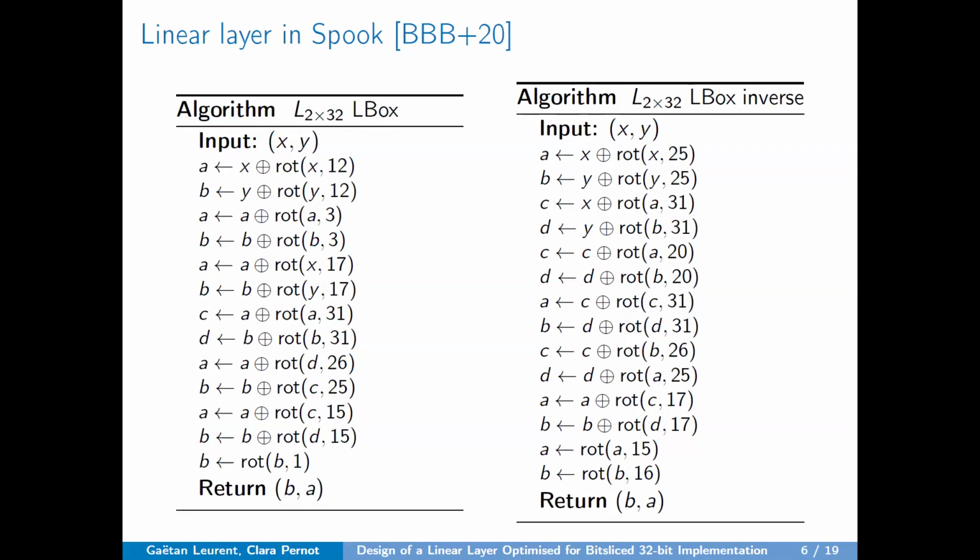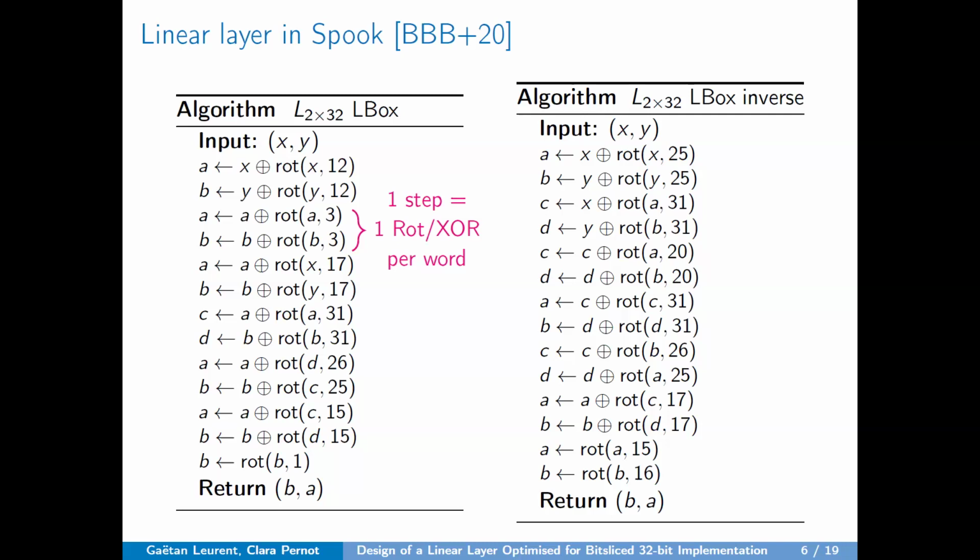So here is the implementation of the L-box of Spook and its inverse. So in input, we have two 32-bit words. Then we have 6 steps of XORs and rotations, and we output two 32-bit words. Why 6 steps? Because one step corresponds to one rotation and XOR per 32-bit word, so it corresponds to 2 lines in the algorithm.